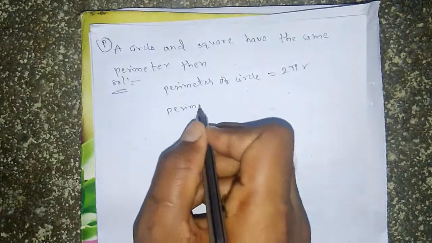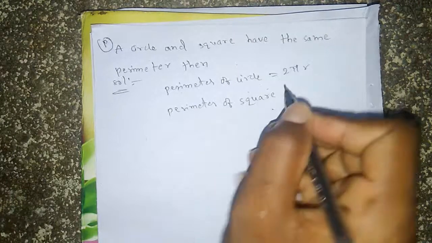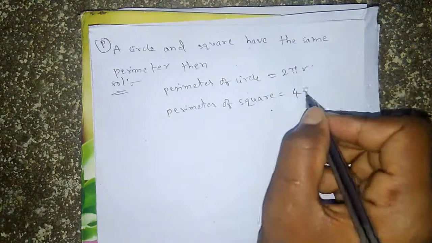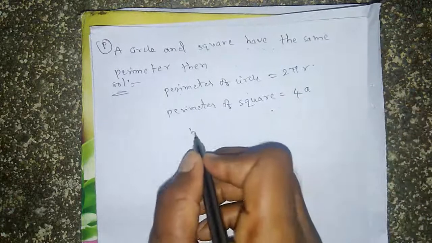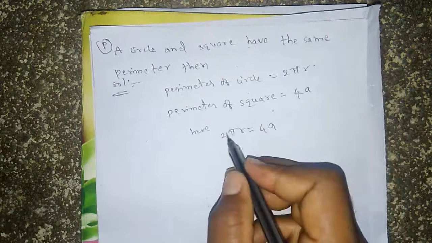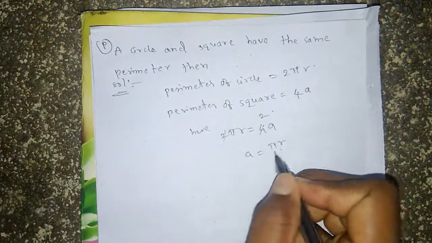The perimeter of the square is 4x or 4a. Here given that 2 pi r is equal to 4a. 2 gets cancelled. A is equal to pi r by 2.